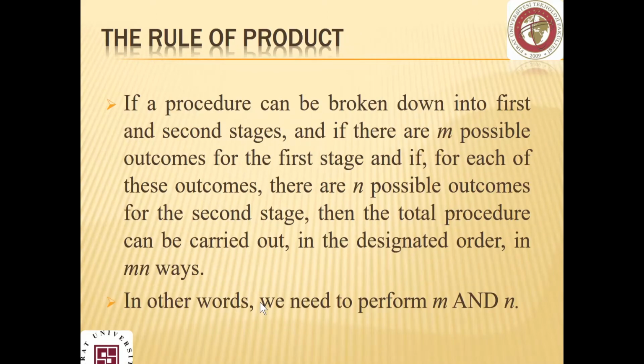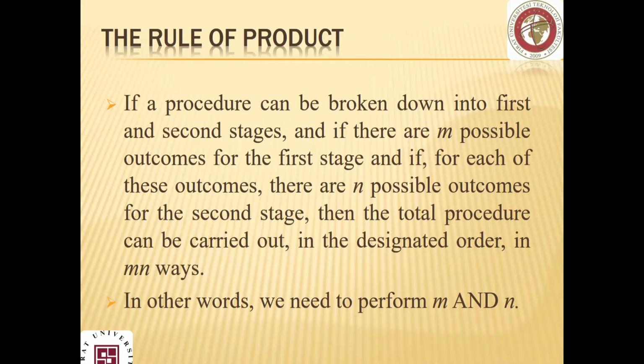Okay. Now the rule of product, so we took the rule of sum. Two distinguished procedures cannot be done at the same time or simultaneously. In that case, we add the possibilities or the outcomes. But assume that we have a procedure that can be broken down into two sub-procedures, a first and a second procedure.